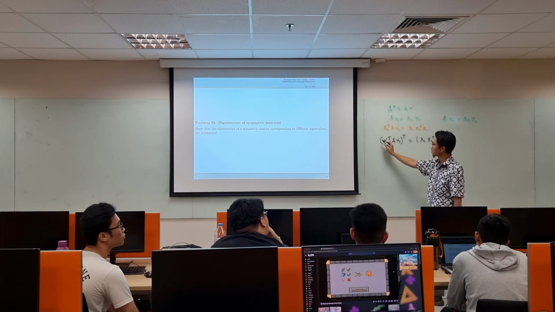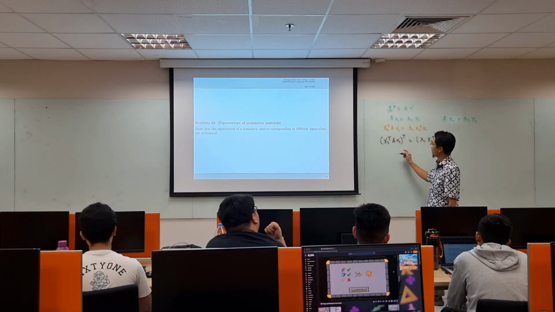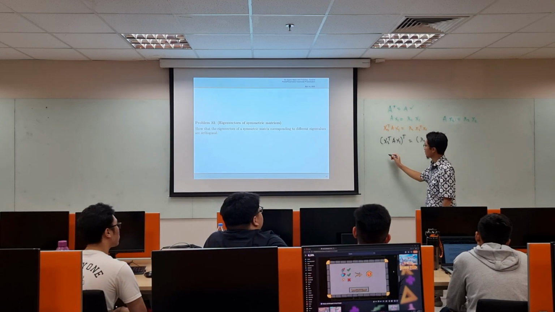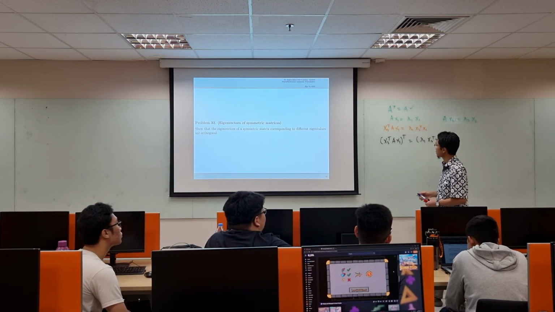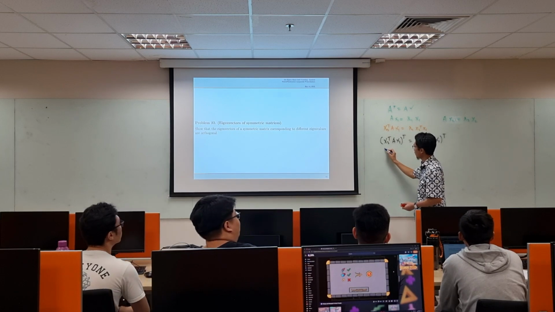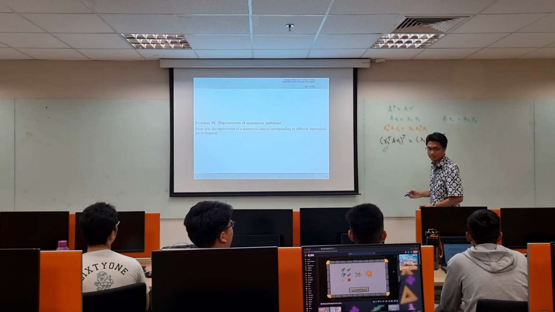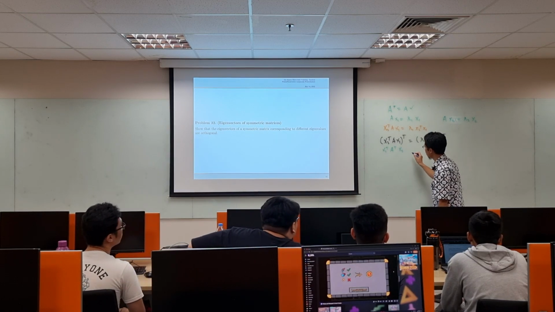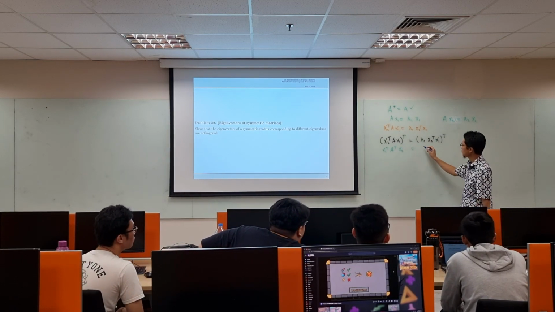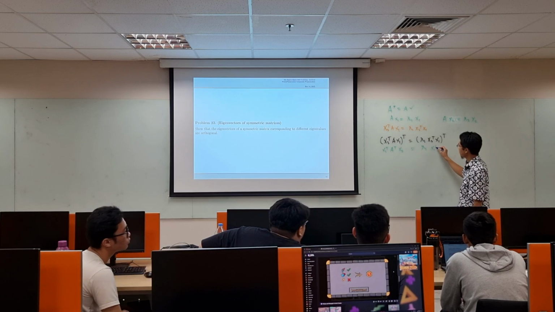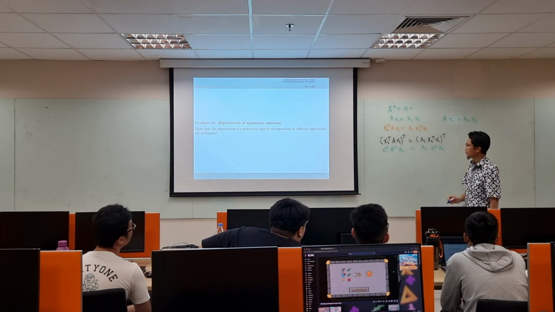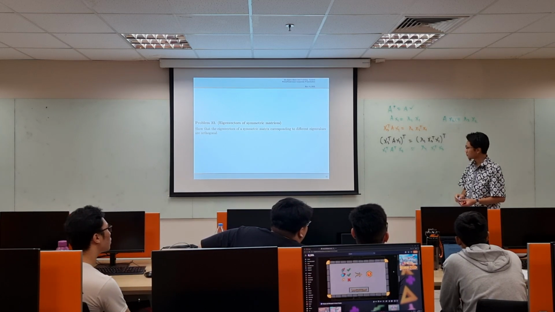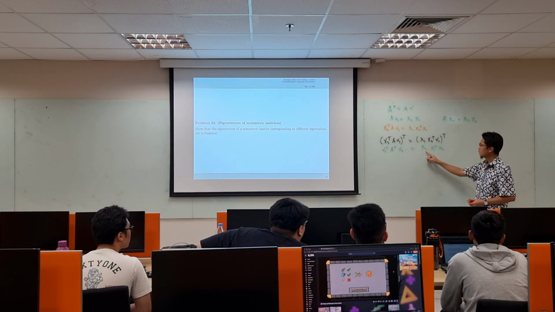What happened with this then? This one first. It will be X1 transpose times A transpose times X2 is equal to... Still lambda 1.